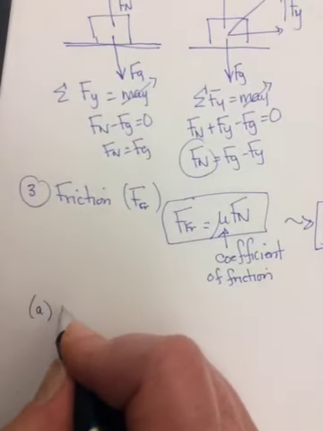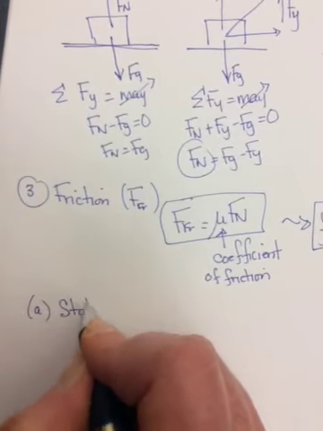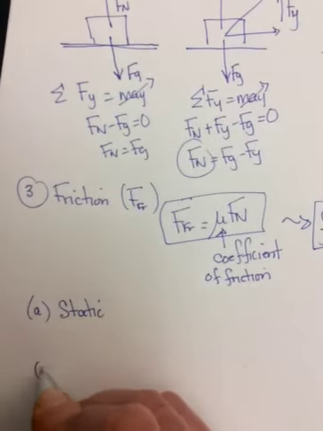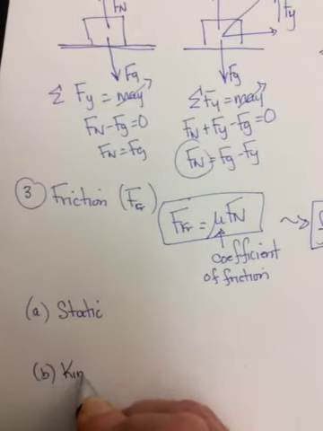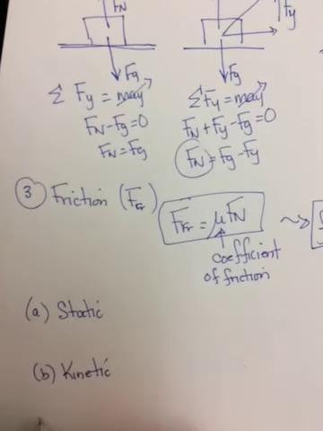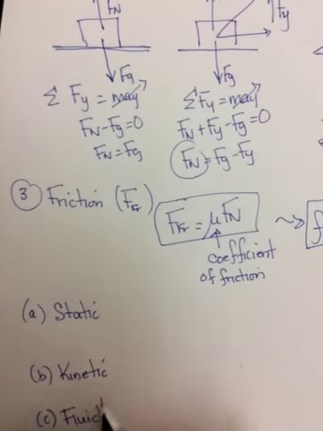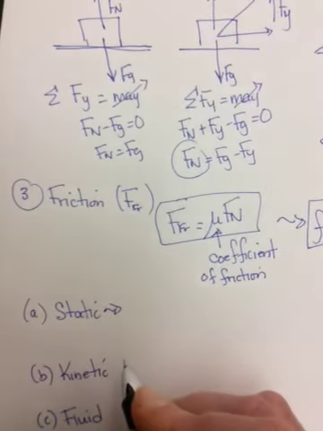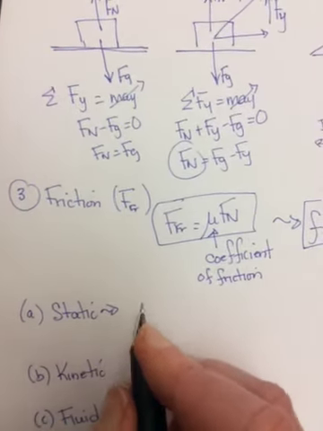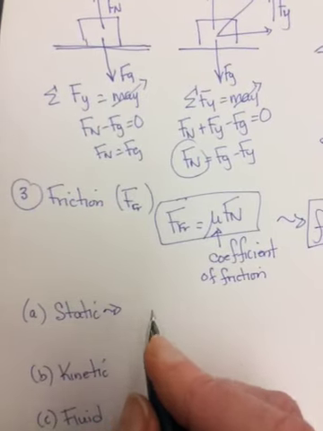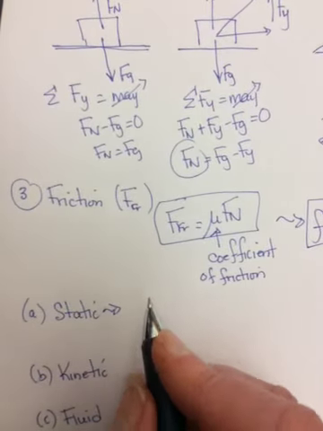There are actually 3 different types. There's static friction, there's kinetic friction, and there's fluid friction. And I'm going to talk a little bit about each one. Static, if you remember, is the friction between 2 objects at rest with respect to each other.